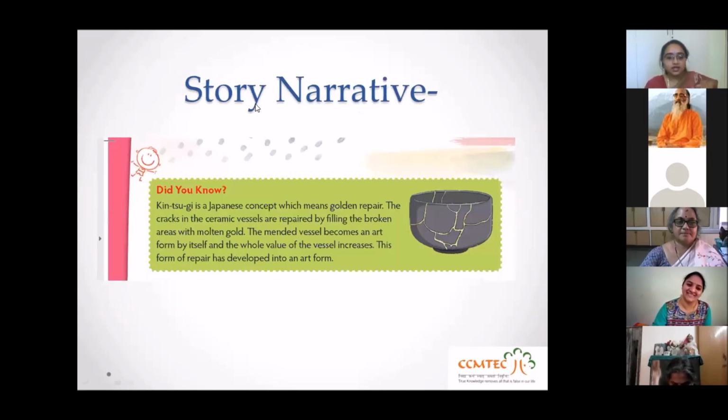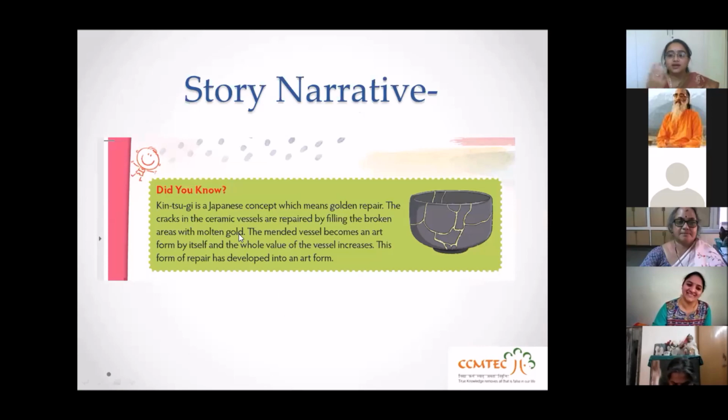Then comes the narrative, wherein there's this concept called kintsugi. It's a Japanese concept wherein cracked ceramic vessels, broken in a few places, are painted with molten gold.